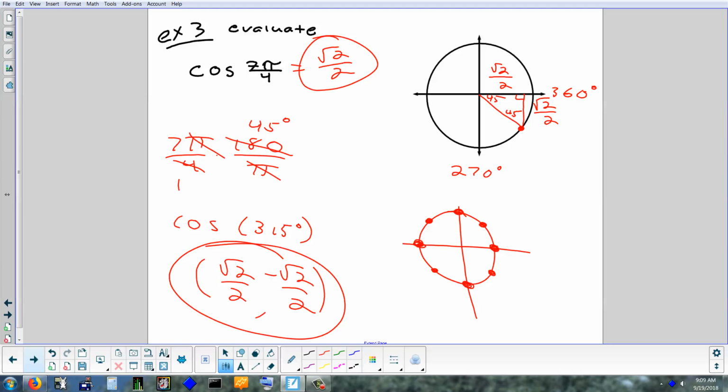Now we're going to take a look at the 30s and the 60s. Those are the 2 points on each side of the 45s. So now the black ones are going to involve the 1/2 and root 3 over 2. By the time we're done, there's 16 different points on the circle I can ask you about.